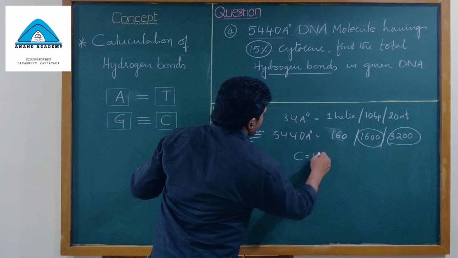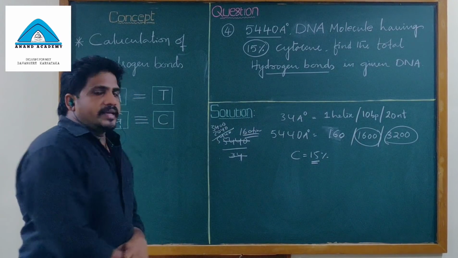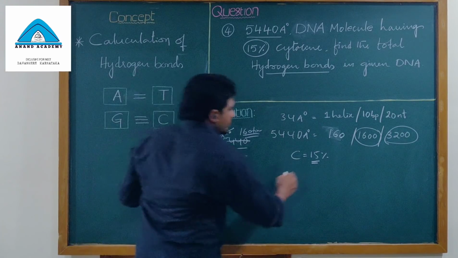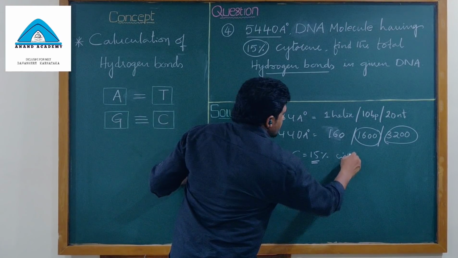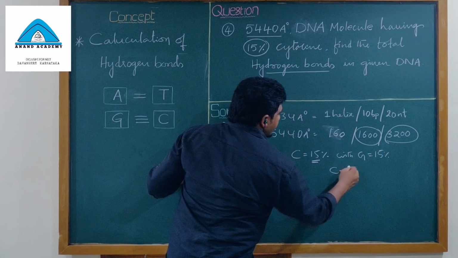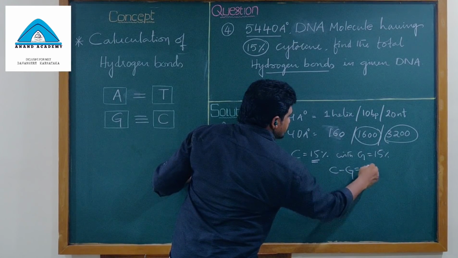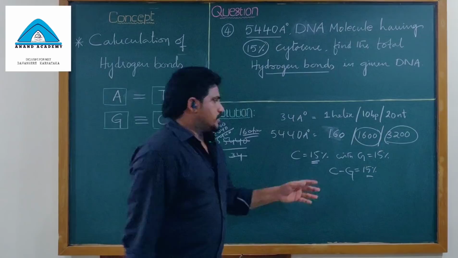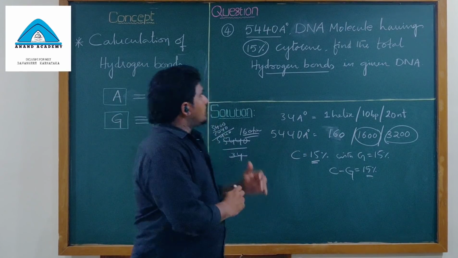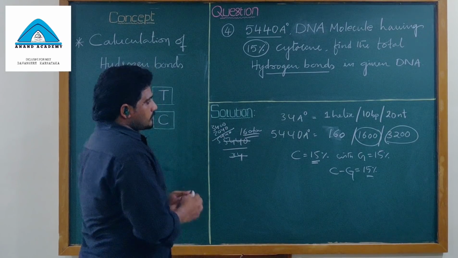So C is equal to 15%. C is pairing with A or T or G? C is always pairing with G. So G is also 15%. So C and G together are 30%.